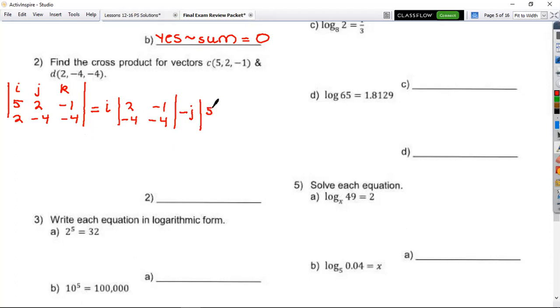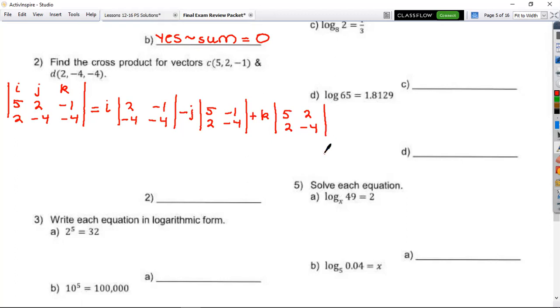So I'm going to go 5, and then 2, and then -1, -4. And then lastly, you're going to go the little k. So I'm going to go plus your little k here. And you're going to cover up that row and column. So that would give me what? 5, 2, 2, and -4.